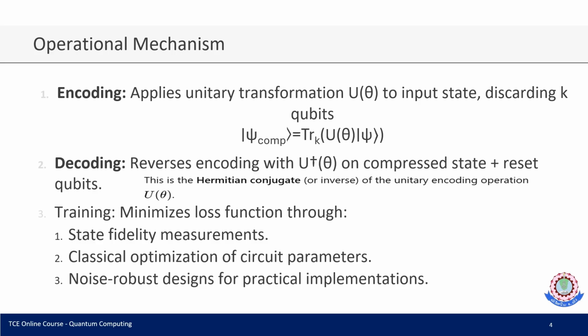In decoding, we go with the reverse of encoding using U dagger of theta to uncompress the state of k qubits. This is the Hermitian conjugate of the unitary encoding operator U of theta. Here we think about the encoding and decoding mechanism with the help of the psi components.